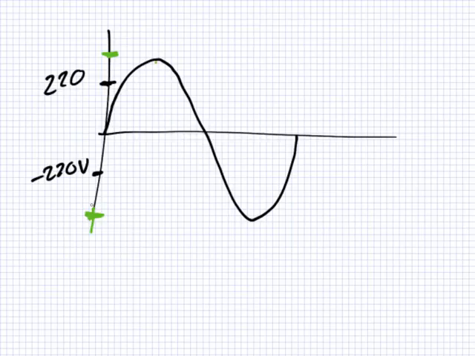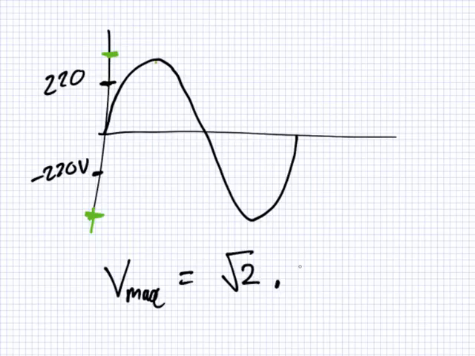So is there a way to work this out? Well, there is. The maximum voltage is equal to the square root of 2 multiplied by the average voltage, and this is often what is said on electrical appliances. So in Ireland we're at 220, in America they're at 110.